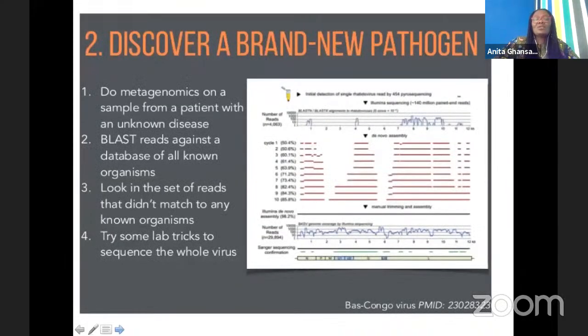The next thing is to use these sequencing data to discover completely brand new pathogens. For instance, if you do a metagenomics analysis of a patient with an unknown disease, you can blast the reads against the database of known organisms, look at the set of reads that didn't match any known organism, and then try to sequence in the lab and piece various regions together.